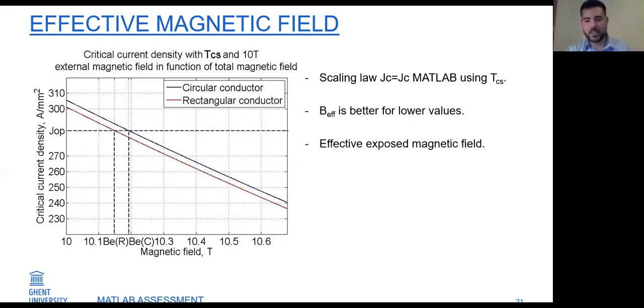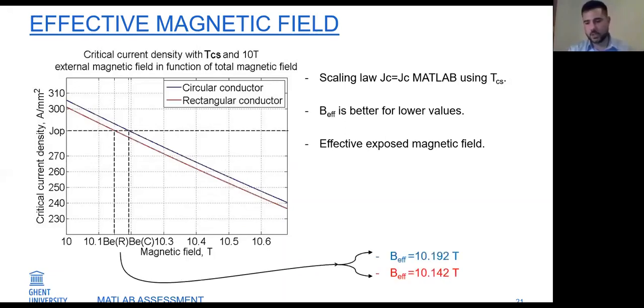And this is the effective magnetic field exposed, the magnetic field that the cable is supporting or affected by during the work.